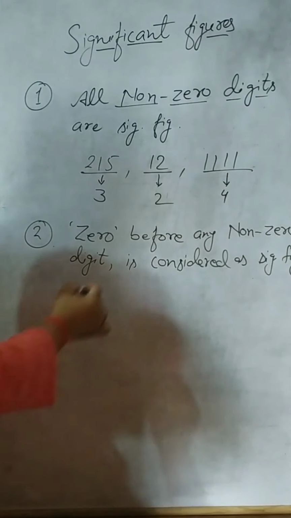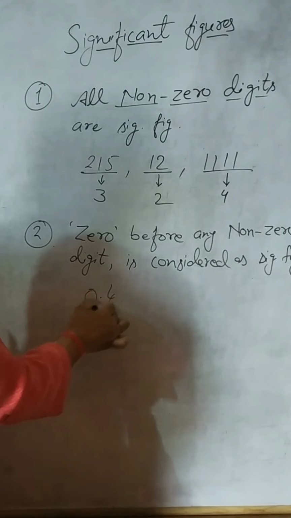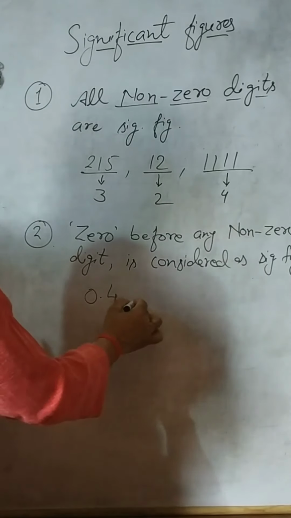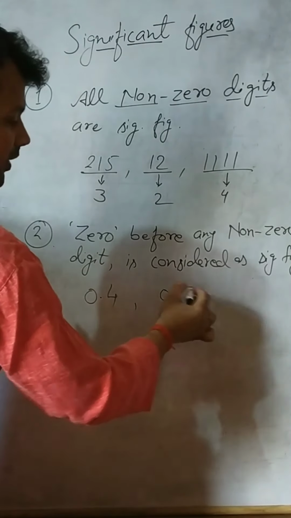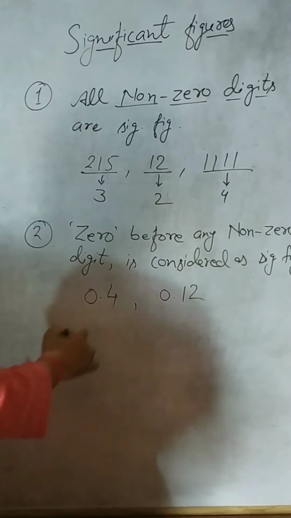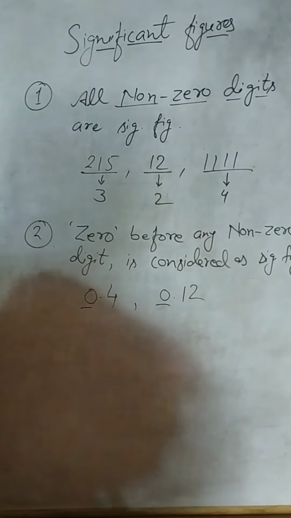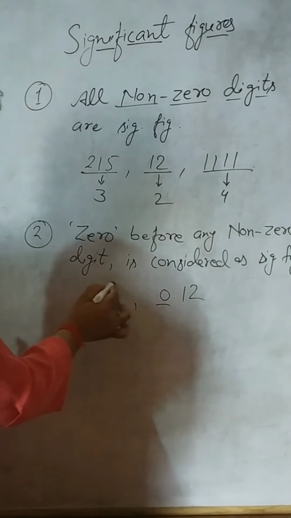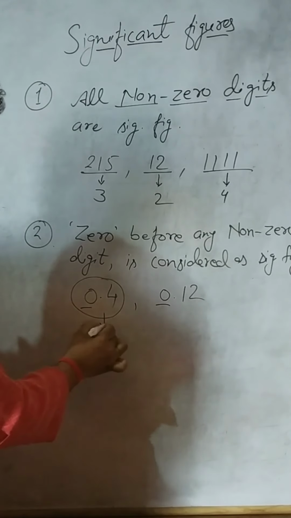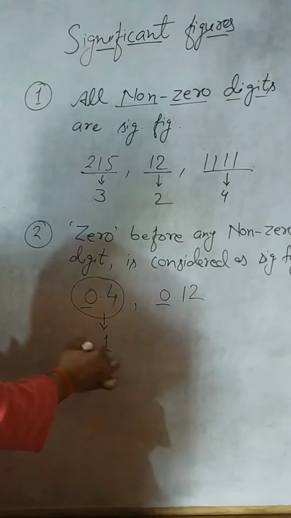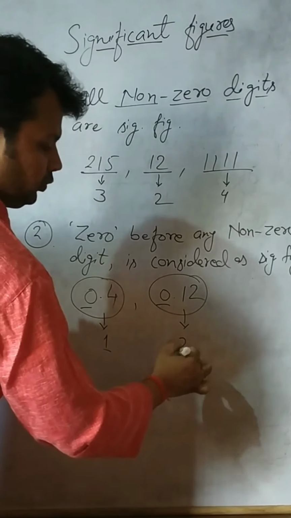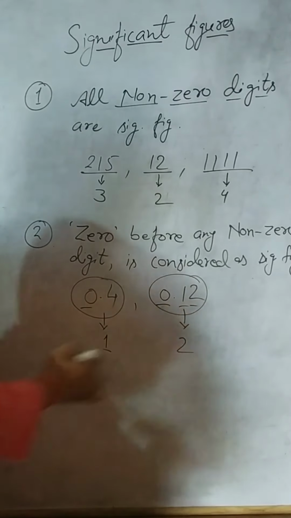For example, if we take 0.4 or 0.12, this 0 is not counted as a significant figure. So as a whole, this number has only one significant figure, and this number has only 2 significant figures: one is 1 and the other is 2.